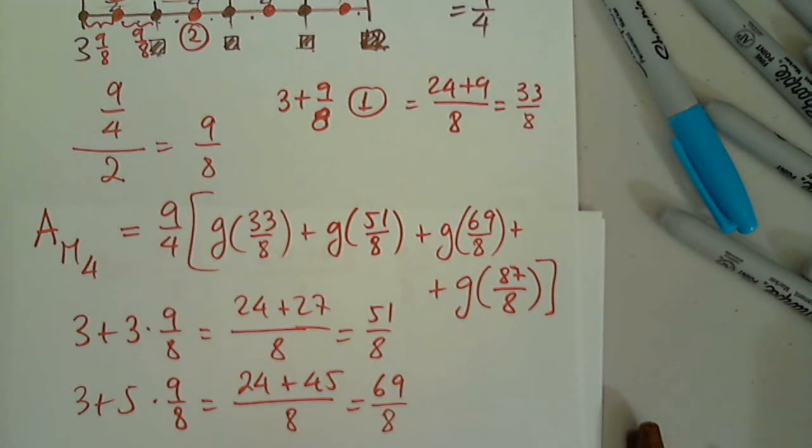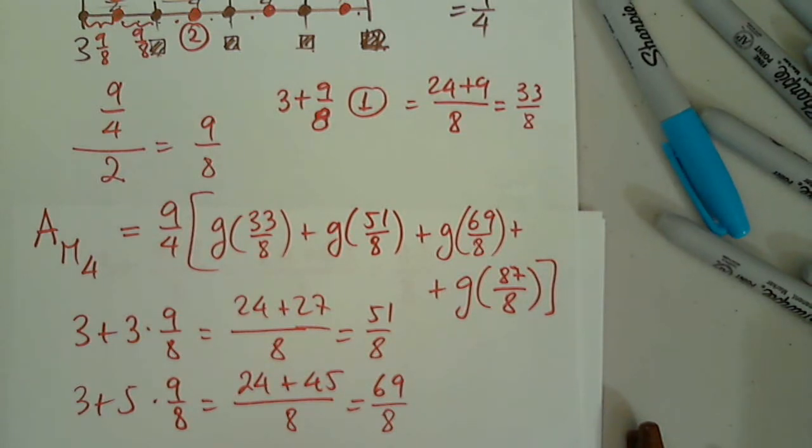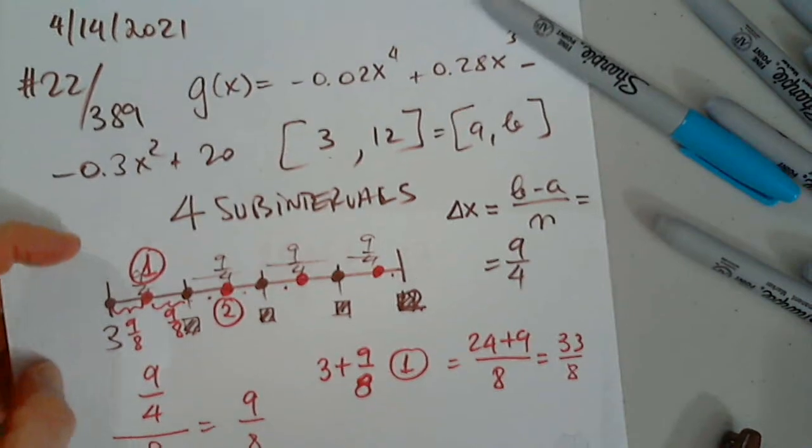Then I will go to list L2, highlight the name of the list, and now I will write 9 over 4 in parentheses in front. And then I will multiply by second list L1. I have to put the function in, sorry.